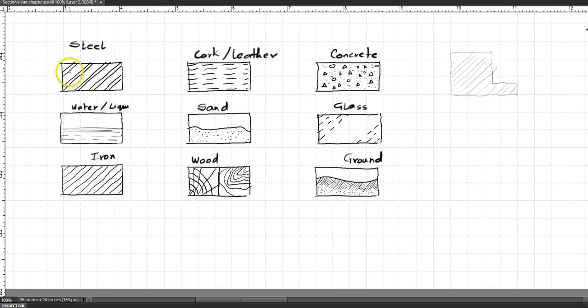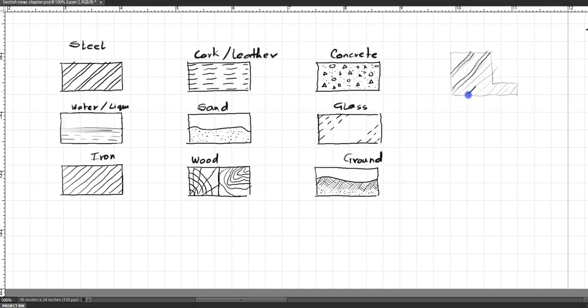Now the symbol for steel is just like hatch lines, but you have two lines closer to each other. So I'll have one, I'll have two. Then I can skip one of those lines, which is this one, and then I will have another two, which is one and two.